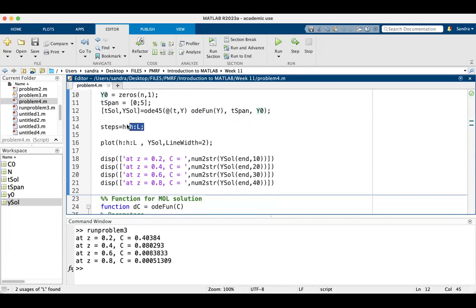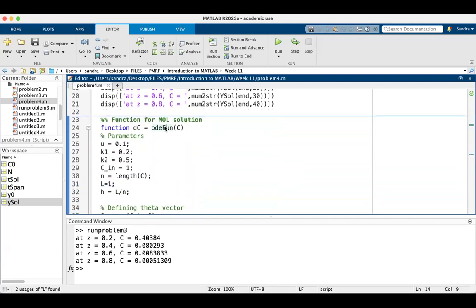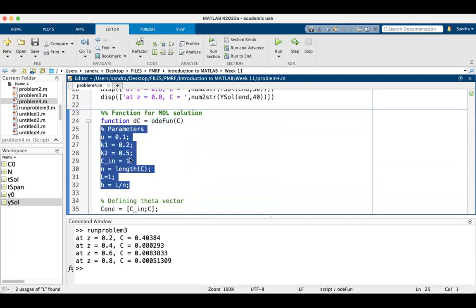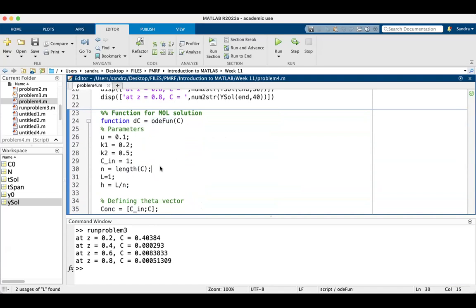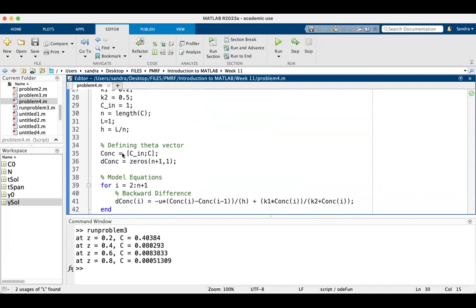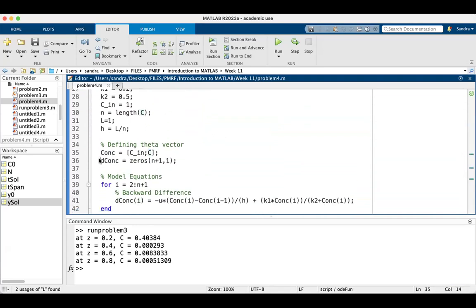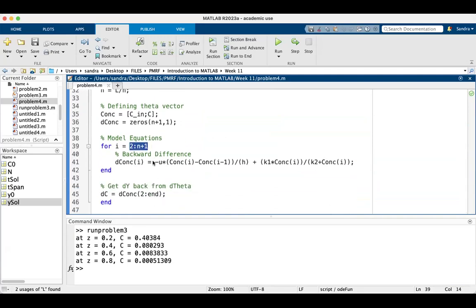Now, this is the plotting part. I'll come to that later. Now, in ODE fun, I'm giving all the constants. Okay. And n will be the length of C itself. Now, I have the full vector of C that will have the initial value and whatever I get from the function. Now, the D concentration, I'm declaring it to be n plus 1 zeros, out of which 2 to n plus 1, that is from the second node point to the last node point, I calculate using the backward difference.